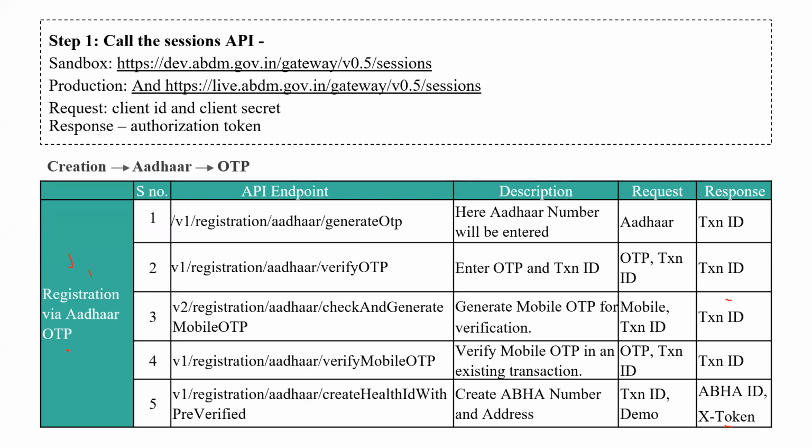For production, it is healthid.abdm.gov.in. You can find the base URL in our Swagger documentation or the Postman collection. Okay, because I was thinking that for session you have given dev.abdm and live.abdm as session URLs, right? Yes. So the base URLs of APIs and sessions are different, right? They are different. Fair enough.